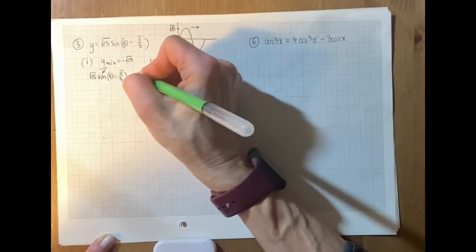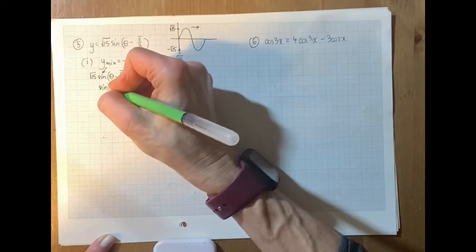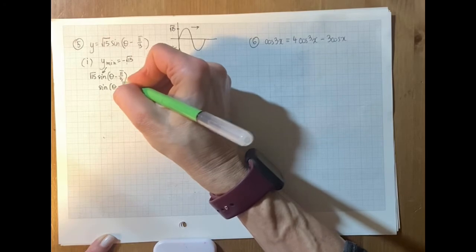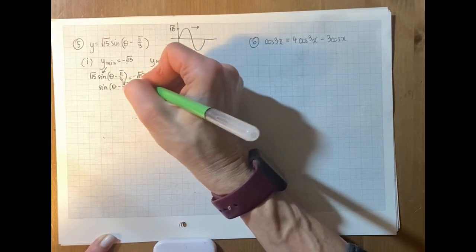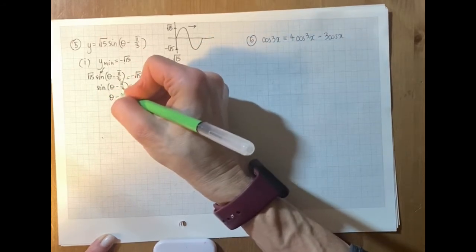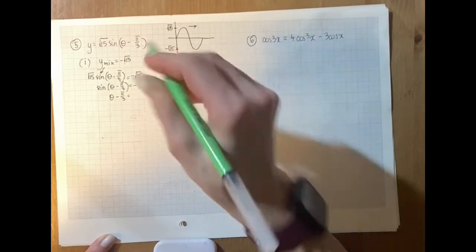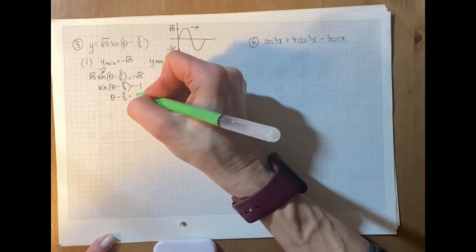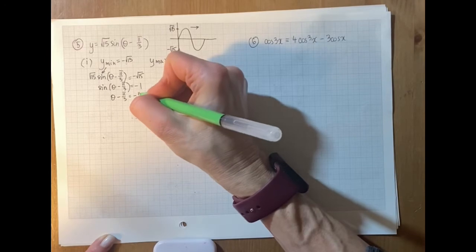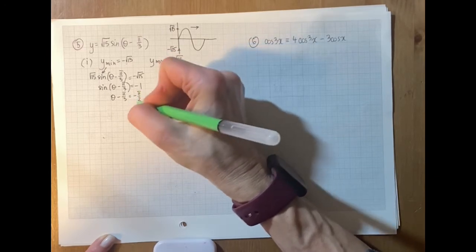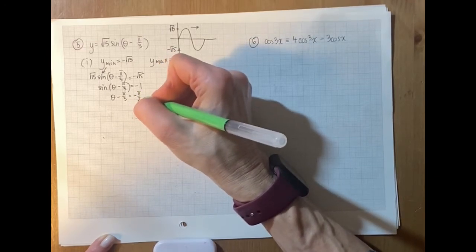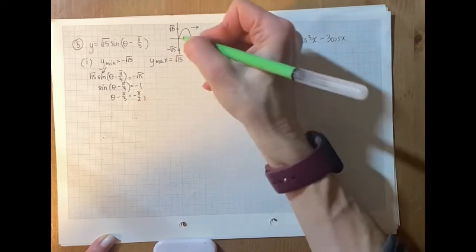So that means when you make sine equal to -1. So do the sine inverse of -1. So sine inverse of -1 is going to be minus pi over 2. That's the first time it happens, minus 90 degrees over here.